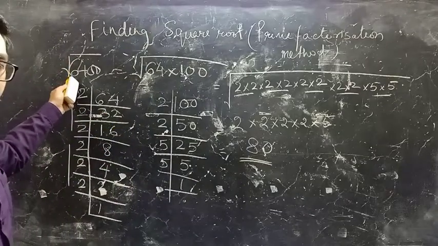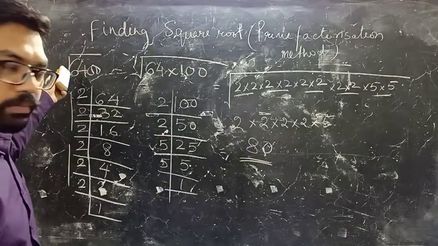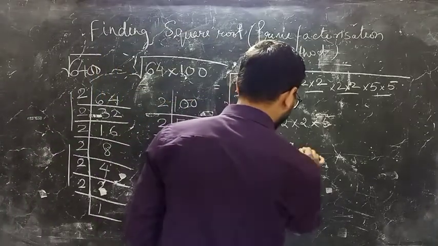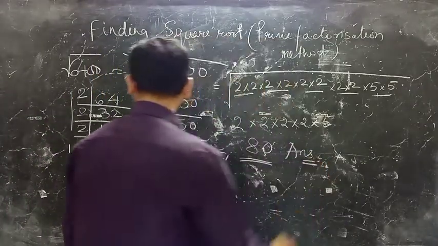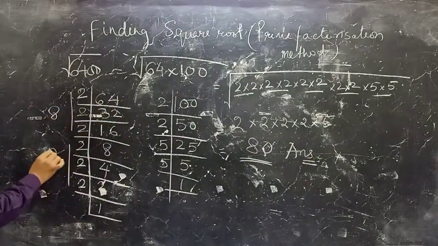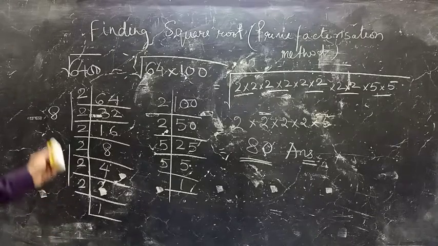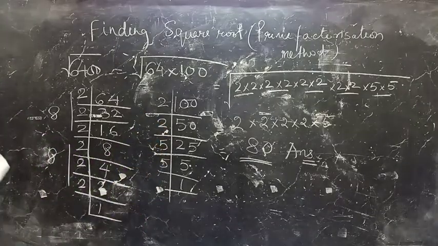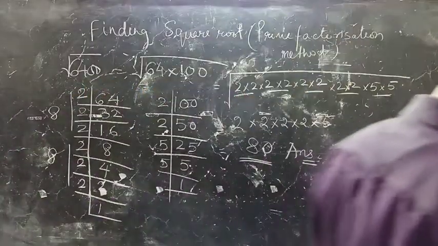So square root of 64 into 100 is equals to 80. So this is your answer. First note it down, then I will explain why I have not written 8 into 8. Why I have not written 8 into 8 and why I have not written 10 into 10. But before that, please note it down fast.